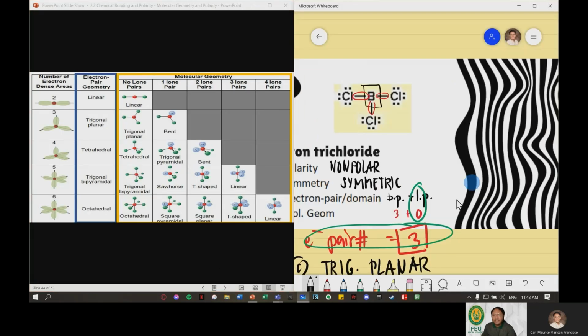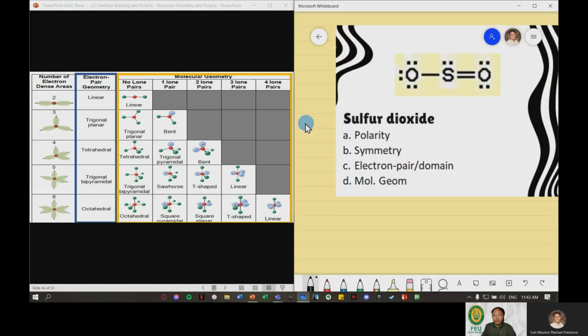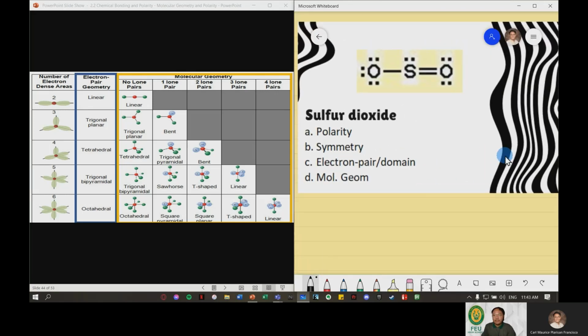Okay, another example. Sulfur dioxide. Once again, check the central atom. The central atom has a lone pair. So the moment that you see that there is a lone pair, this would be polar asymmetric.